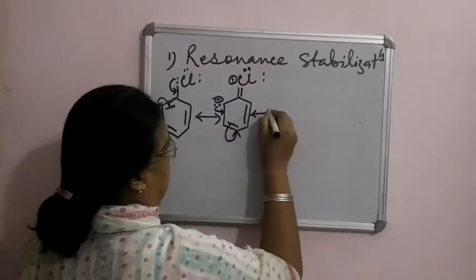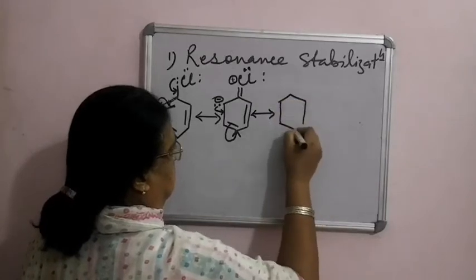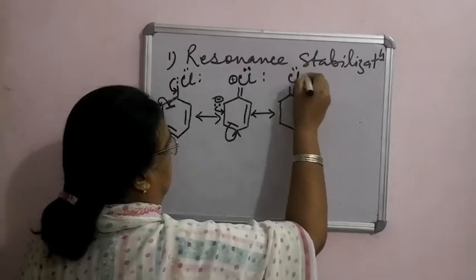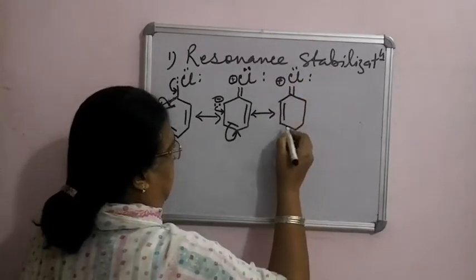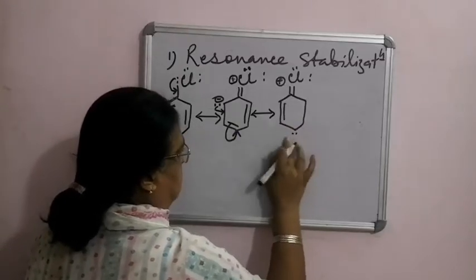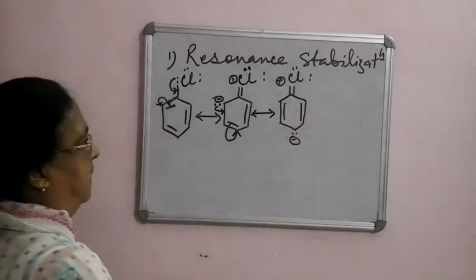And so we will have this structure formed. This will remain as it is, chlorine with two lone pairs, one positive charge. This will turn a double bond. This bond is broken, lone pair, negative charge. And this will remain as it is.